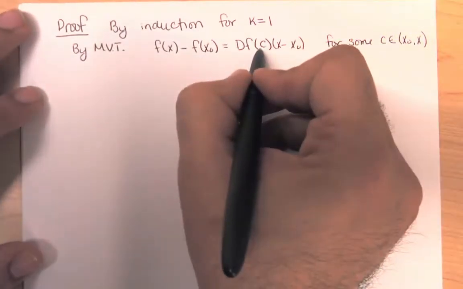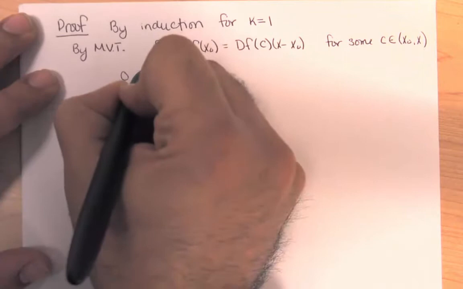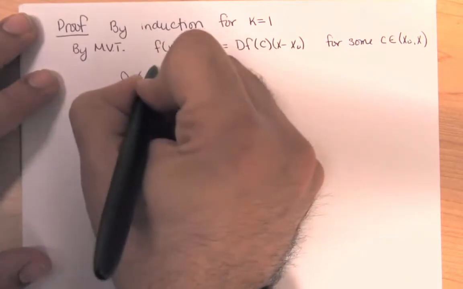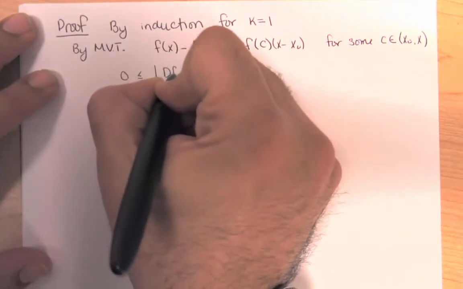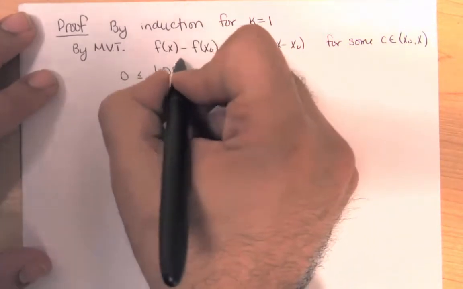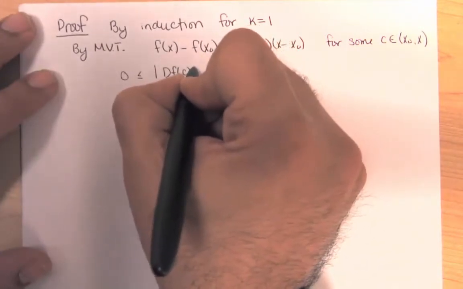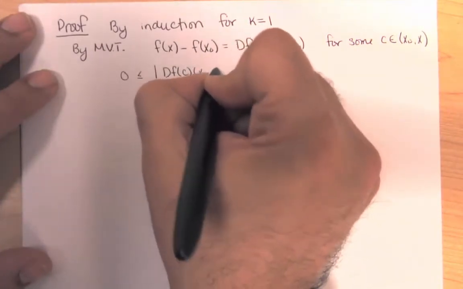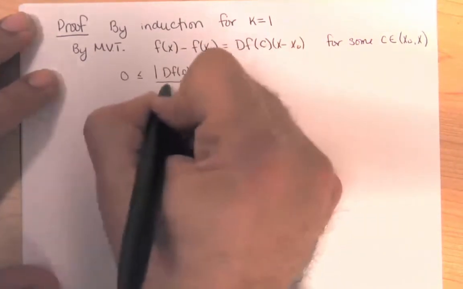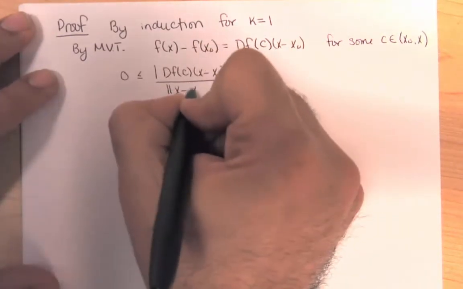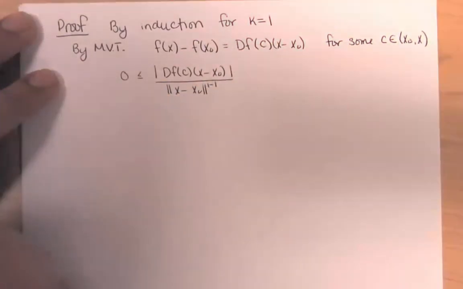Now I need to show a limit statement to show that Taylor is true. Well, 0 is less than or equal to the absolute value of Df of c times x minus x0, divided by the norm of x minus x0 raised to the power of 1 minus 1.